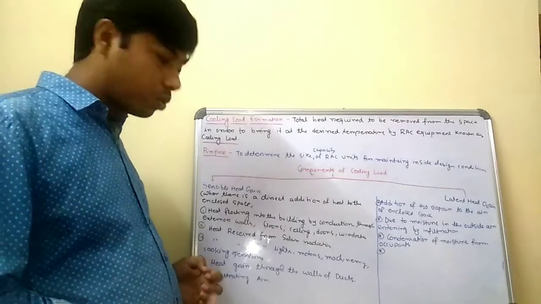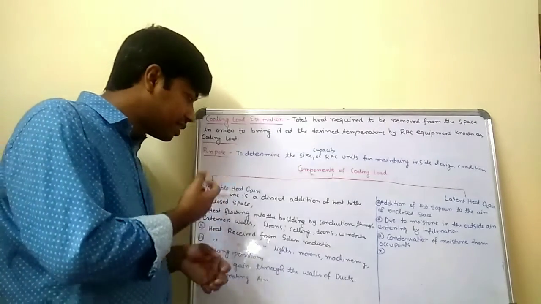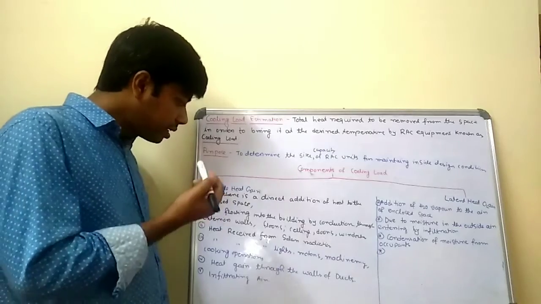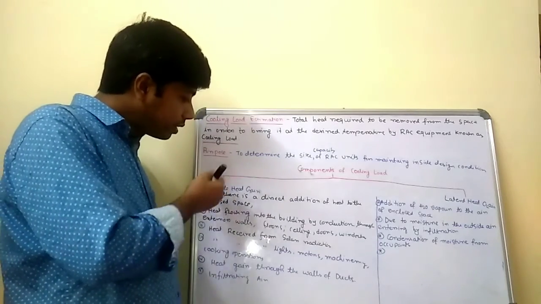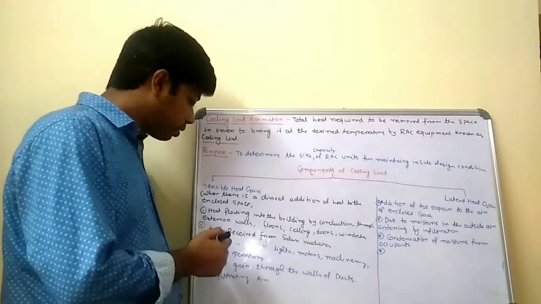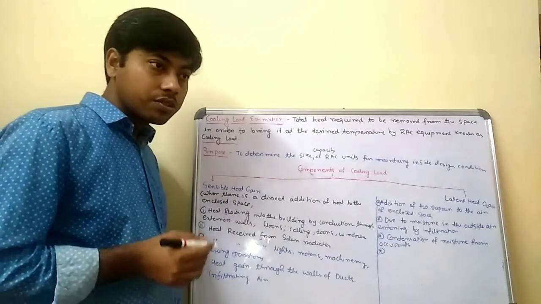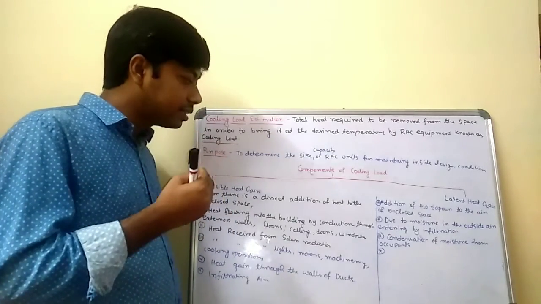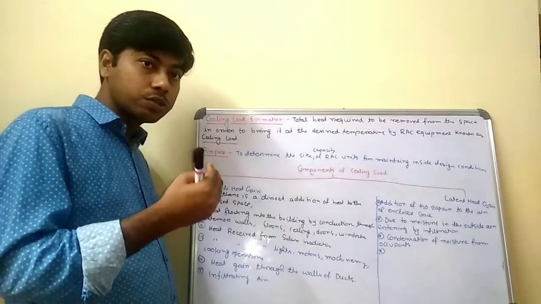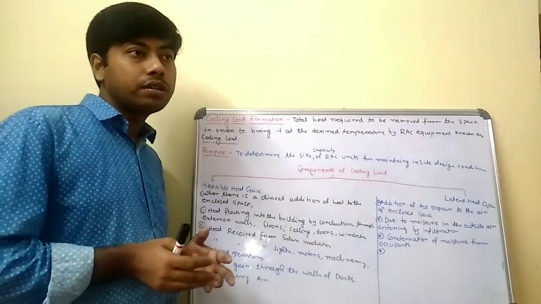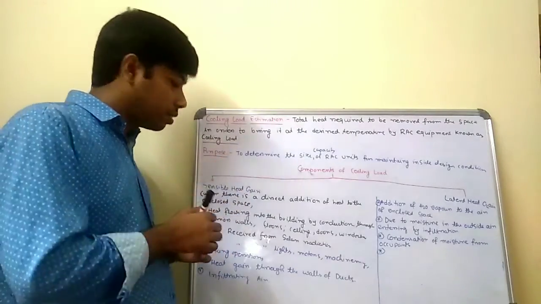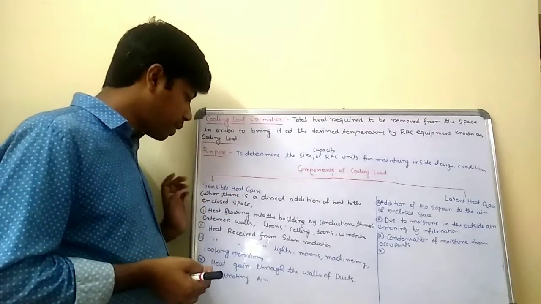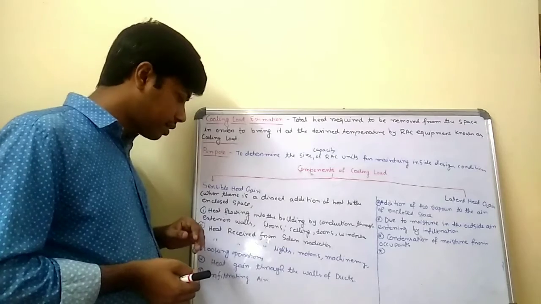But first of all, we have to know what sensible heat gain is and why it is called sensible heat. Sensible heat gain occurs when there is direct contact of heat with the enclosed space. There are several reasons for direct addition of heat to the enclosed space, for example when you are taking a class.